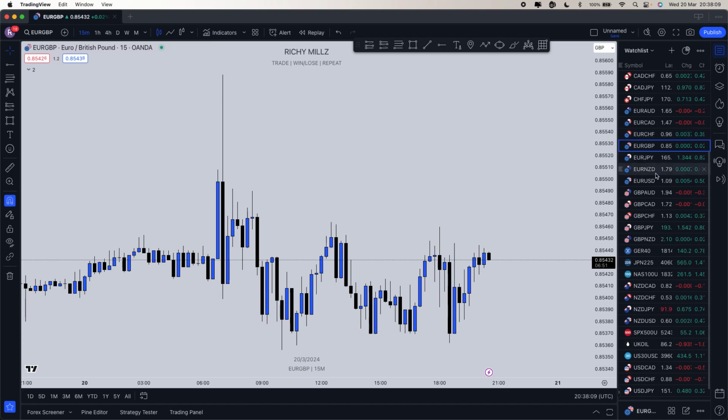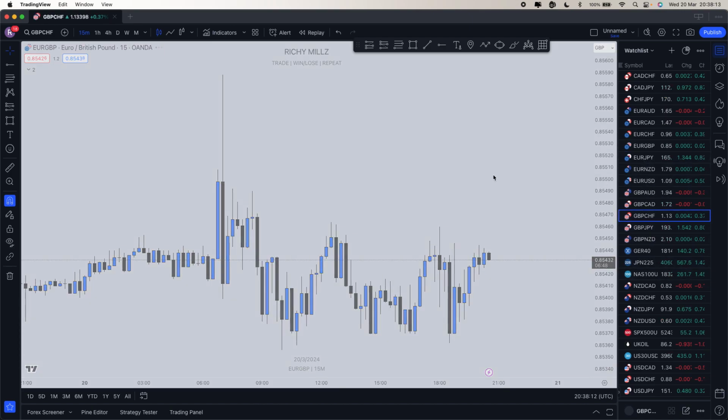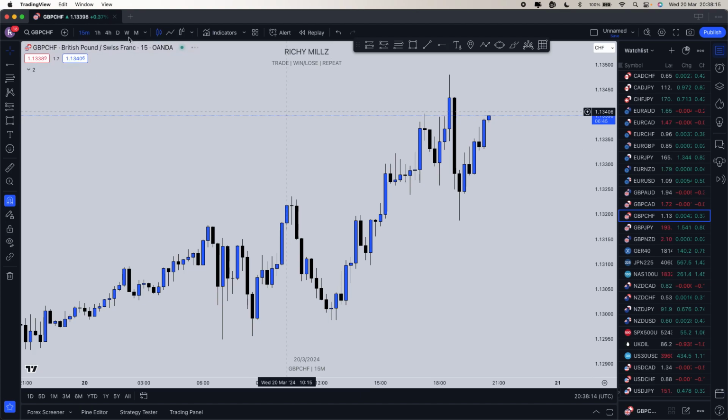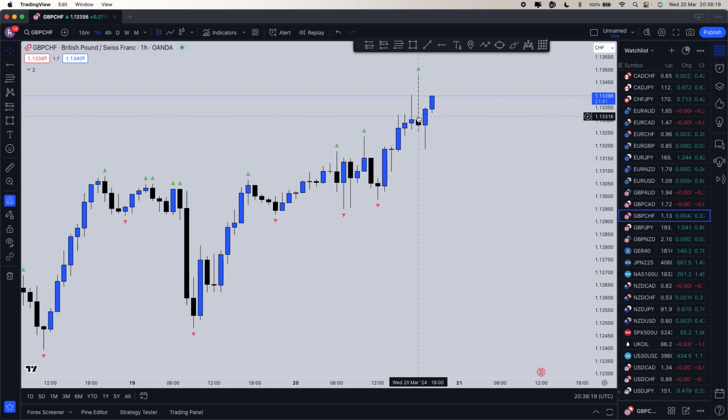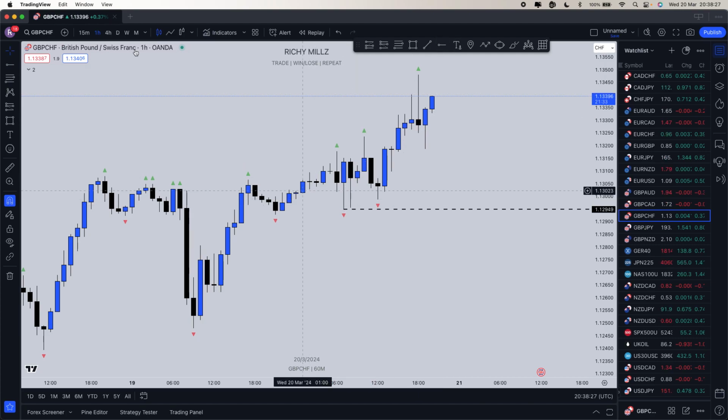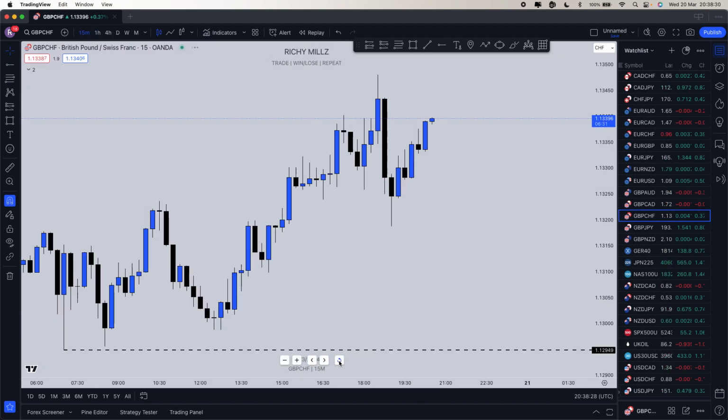As simple as that. Now if I show you something starting with GBP, maybe GBP CHF, because it starts with GBP. If I go back to 7 a.m. in the morning, which is probably this candle here, let me mark this out. Okay, go to the 15-minute.